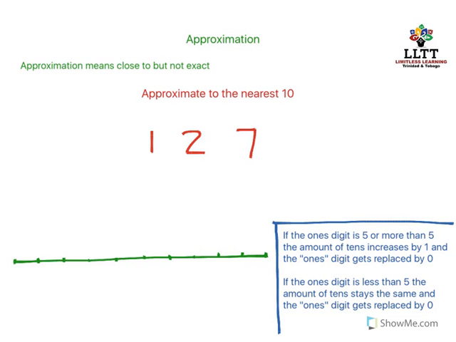Now the first thing we want to do is put our tens, T for tens, 0 for ones, and in this case we have 100. So we have 100, we have 2 tens, and we have 7 ones, right? So ones, tens, and this is hundreds.